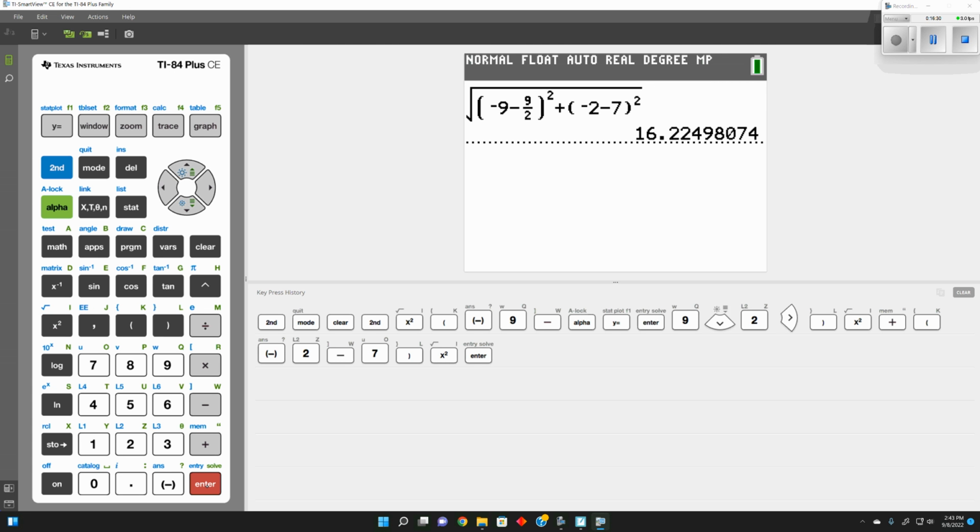The yellow calculators are probably going to leave it in radical form.